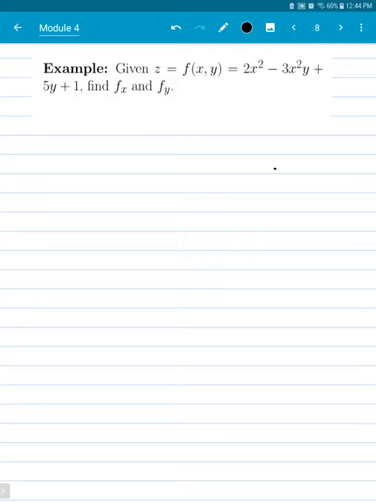So looking at the equation there, z equals f of (x, y) equals 2x squared minus 3x squared y plus 5y plus 1. How do we get the partial derivatives with respect to x and y? So looking at the first term, we differentiate that with respect to x, and that is easy.